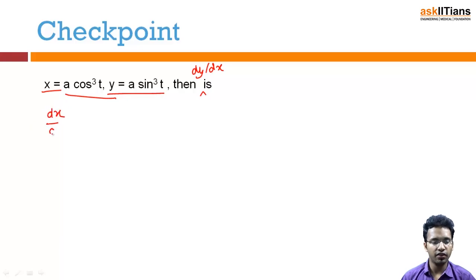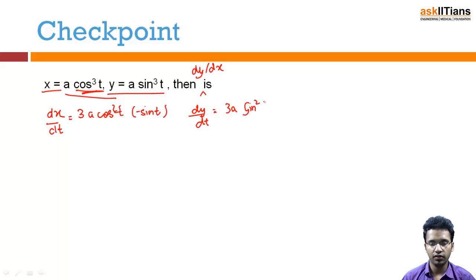Again, the same way I'll go. dx by dt I'll find by that rule, so 3a cos square t. By now I guess you must be comfortable with this. First we follow the power rule, then we differentiate the inside, so cos t will give me minus sin t. My dy by dt will be 3a sin square t cos t.